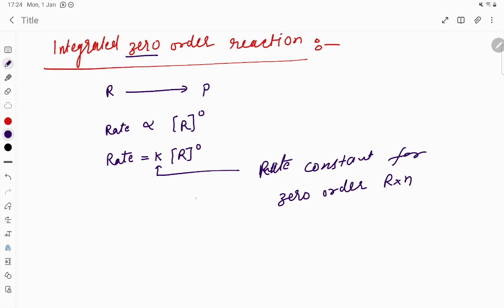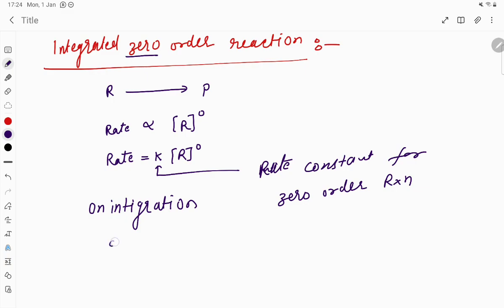So we are going to integrate this equation. How can we integrate it?